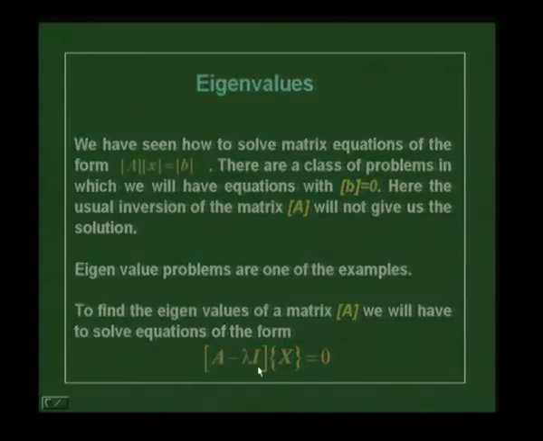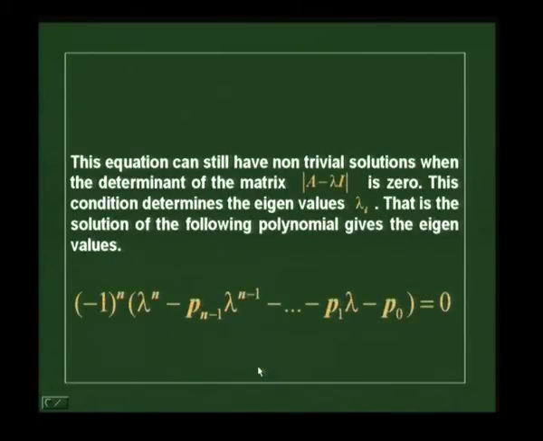But constructing the determinant, that is, determinant of (A - λI) equal to 0, turns out to be non-trivial when A is very large. So we assume that the determinant of A - λI can be expanded in terms of λ as a polynomial of this form, and we equate that to 0.